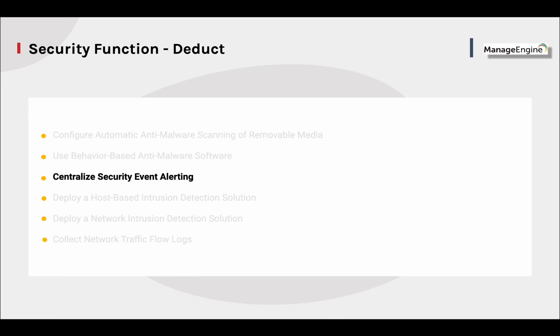Now, centralized security event alerting. We talked about a couple of slides back, Log360, right? ADAudit Plus, a module inside Log360 that deals only with the security events of your Windows infrastructure. The security log contains records of security related events specified by the system's audit policy.